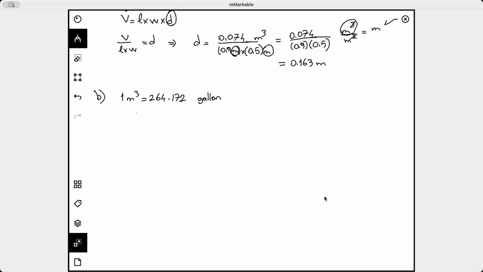We use this fact to get a conversion factor, and our conversion factor, which has meter cube, will be in the denominator to convert this volume into gallon.